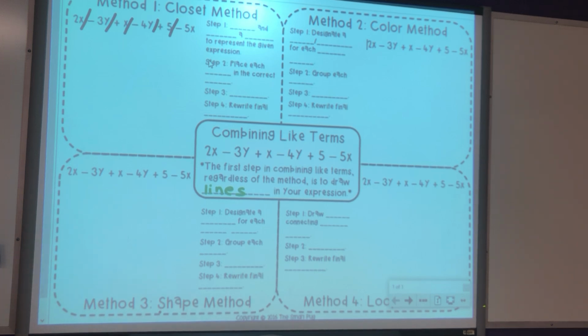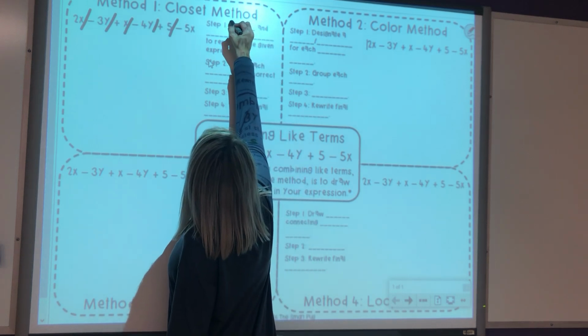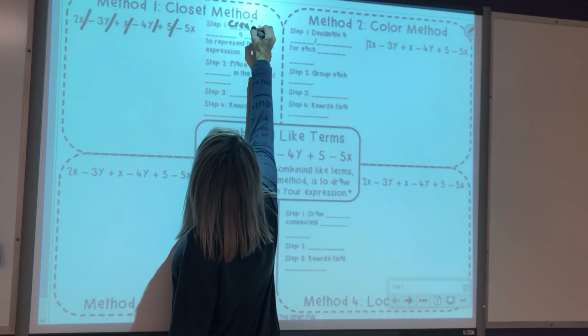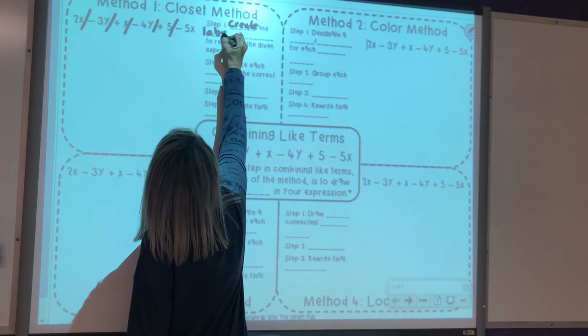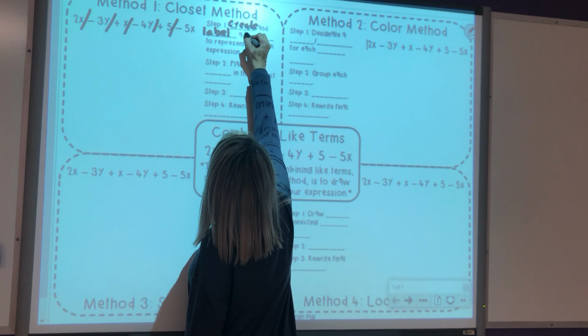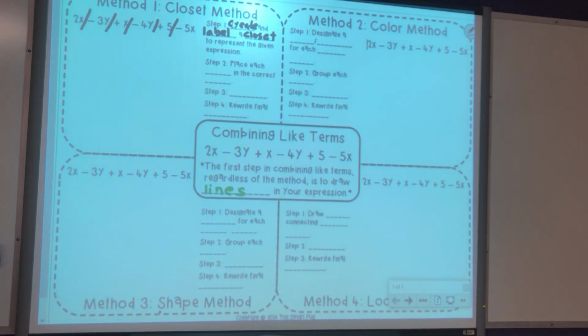So method 1 is called the closet method. What we're going to do when we do the closet method is we create and label a closet to represent the given situation or the given expression.